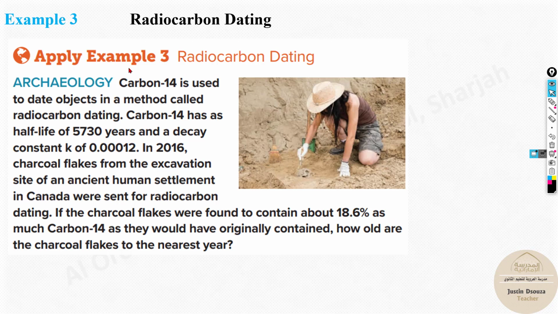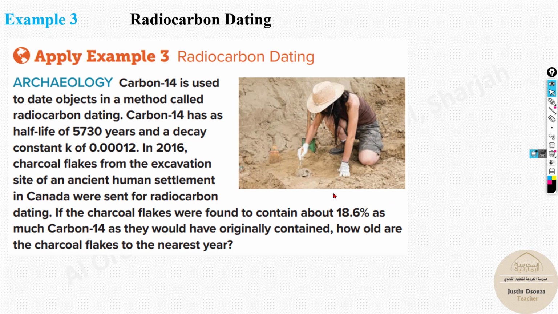Initially there will be 100% of carbon, so it has decayed, it has given out, and the remaining amount of carbon is 18.6%. If we keep tracking, in 5,730 years it'll be 50%. Again after 11,460 years, it'll be 25%, and then it reduces further. We can come to know how many years.